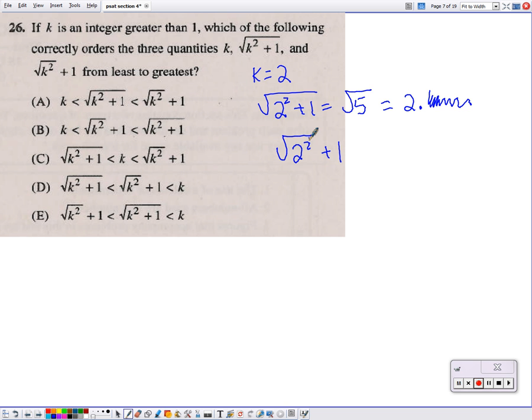Well, the square root of 2 squared is just 2, and then 2 plus 1 is 3. So they're already in order: k, then the square root of k squared plus 1, and then the square root of k squared with the plus 1 outside. So the answer is A.